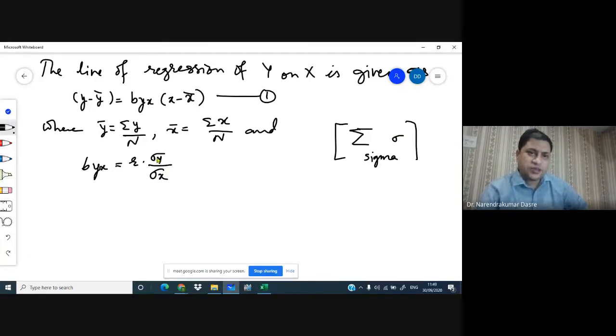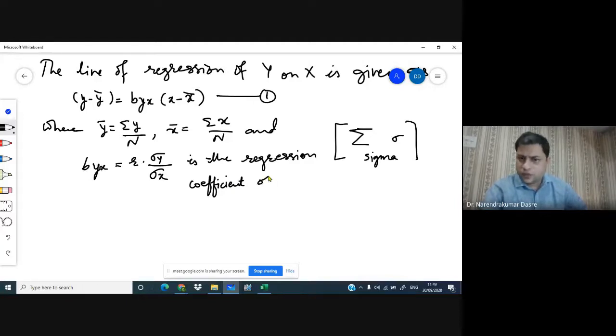So sigma y and sigma x are the standard deviations, and byx is the regression coefficient of y on x.